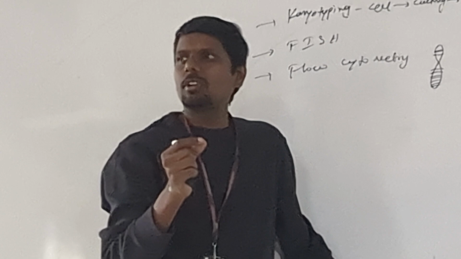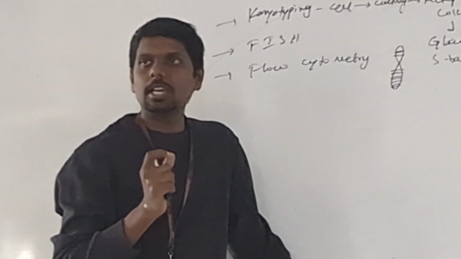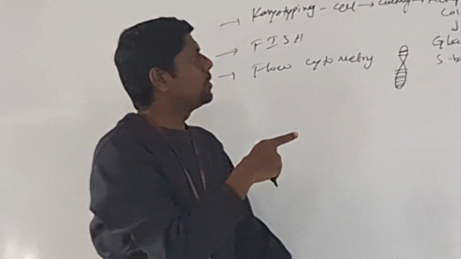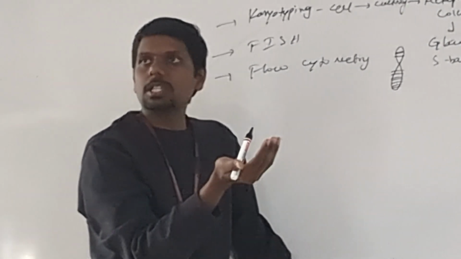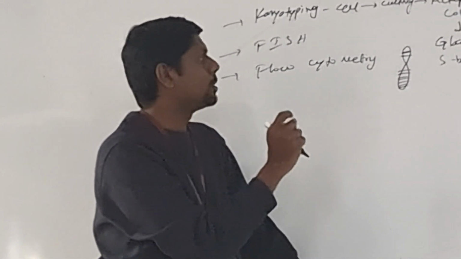Just like a barcode, each chromosome has its own light and dark bands. That banding is optional. If you go for banding, then we can identify the chromosomes.